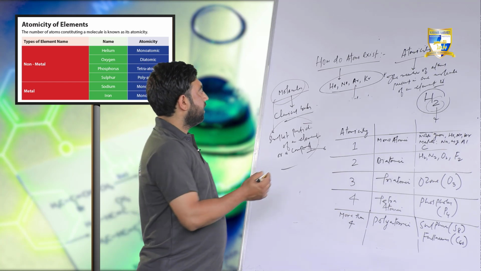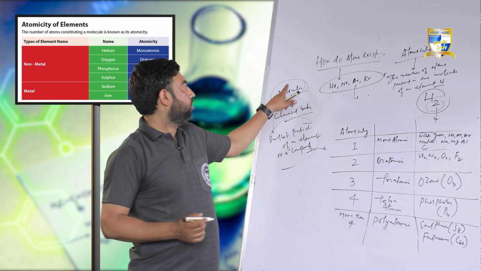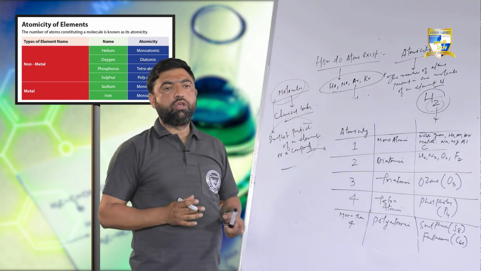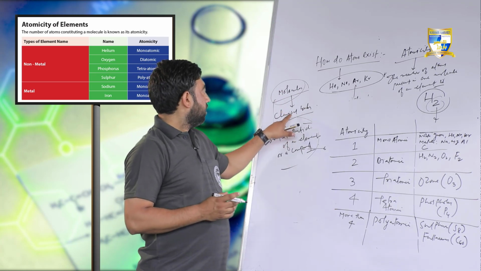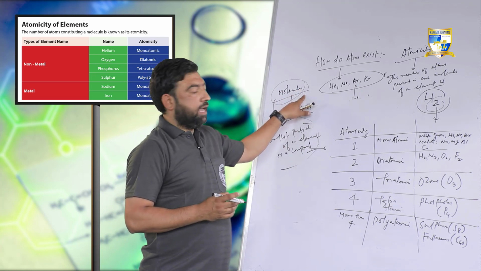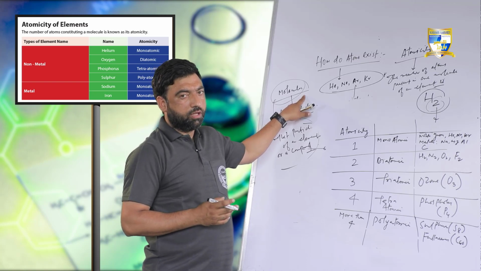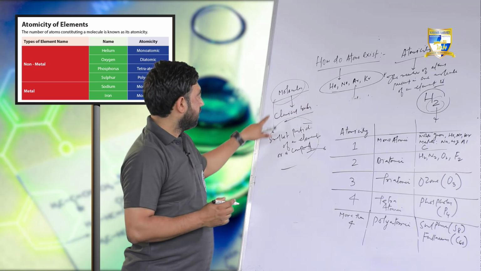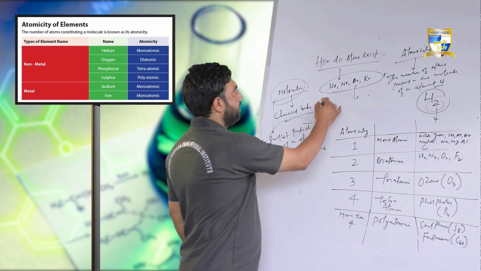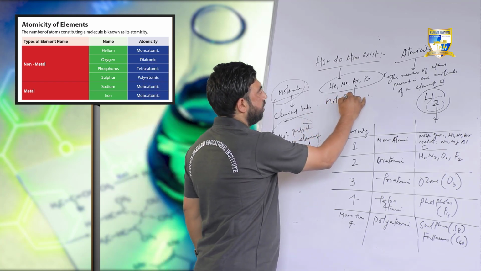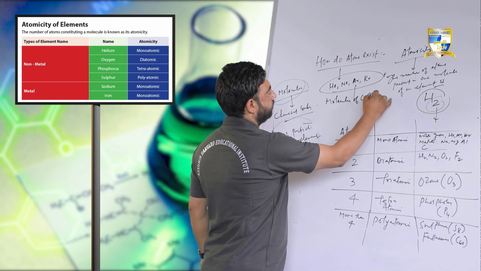As I already told you, these molecules exist freely under ordinary conditions and display all the properties of that substance. We discussed molecules of elements, now we have molecules of compounds.